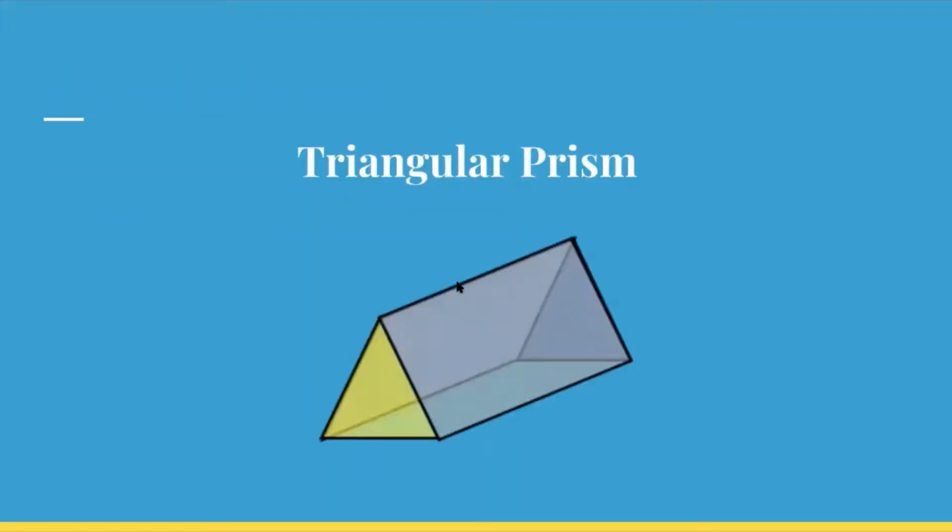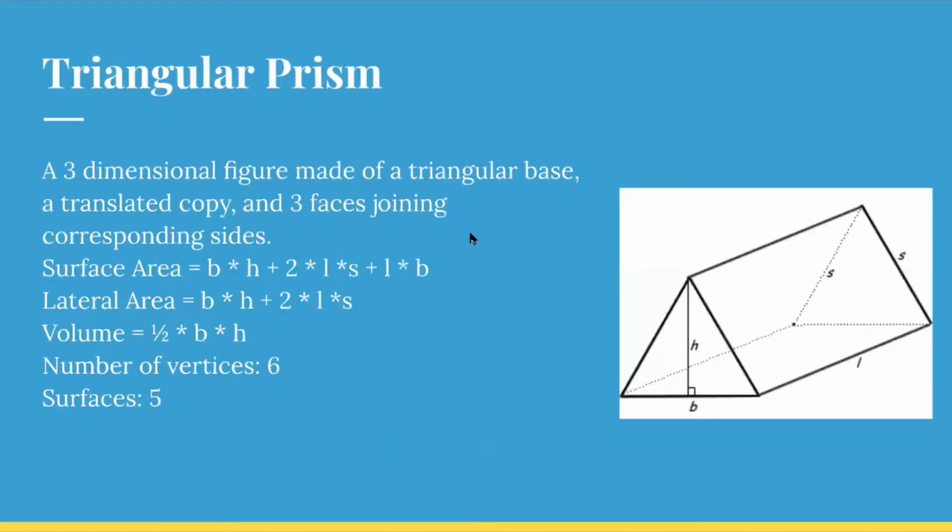And next we have triangular prism. A triangular prism is a three-dimensional figure made of a triangular base, a translated copy, and 3 faces joining corresponding sides. So the bases are going to be triangles, and the sides are going to be rectangles.